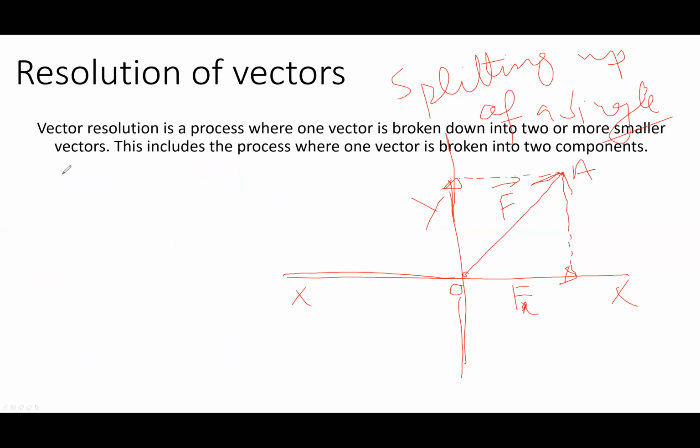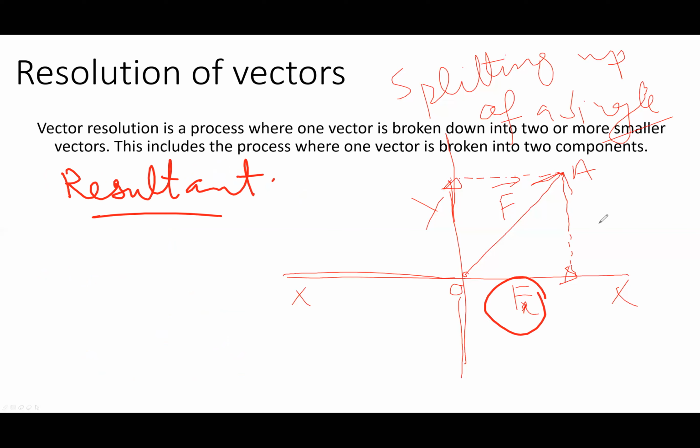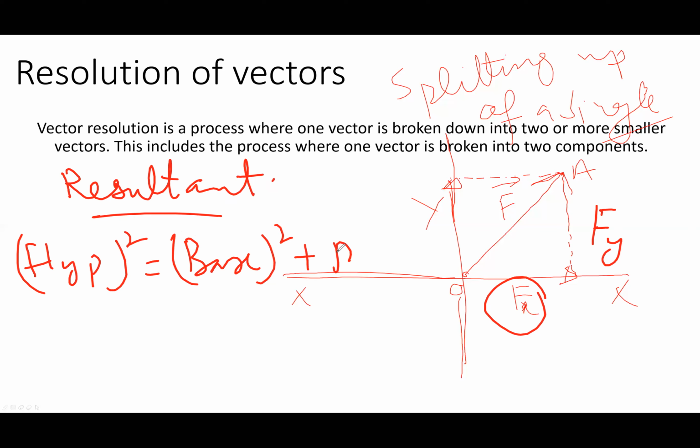Resultant vector is a vector which has the same effect as the combined effect of two vectors. This is fx and this is fy. By Pythagoras theorem, for a right angle triangle, hypotenuse square is equal to base square plus perpendicular square.